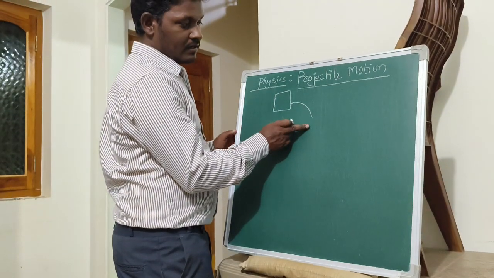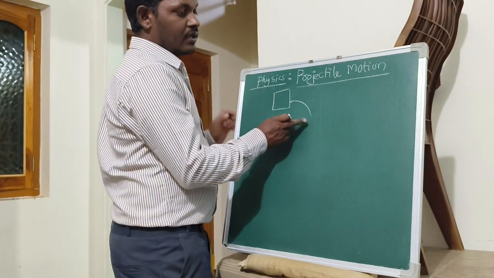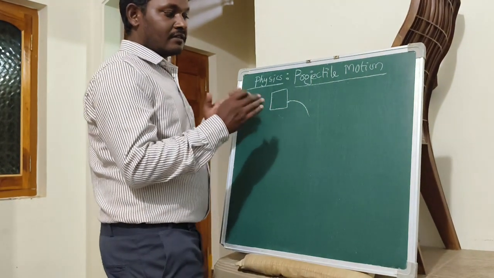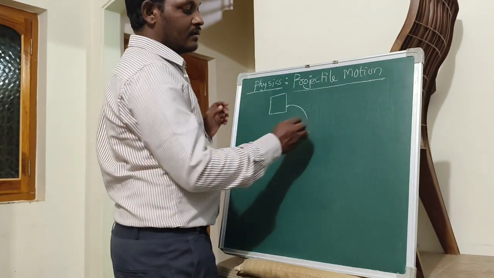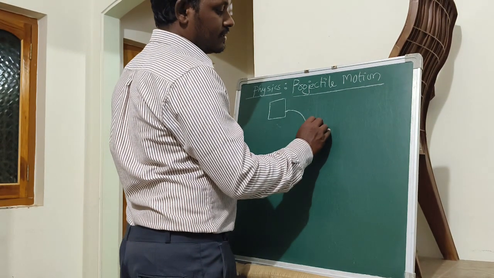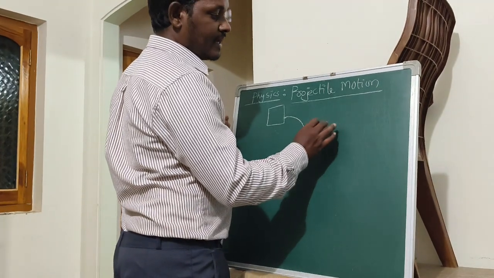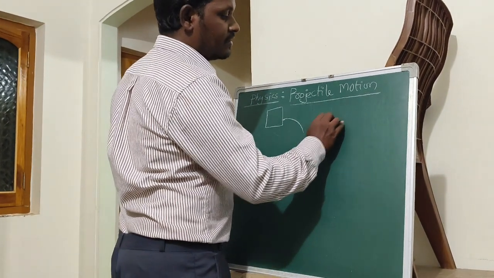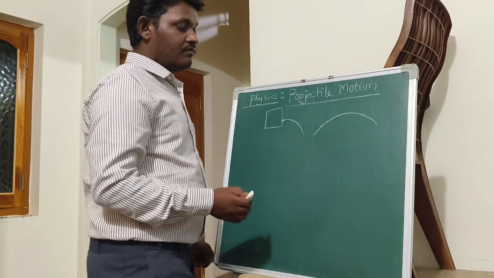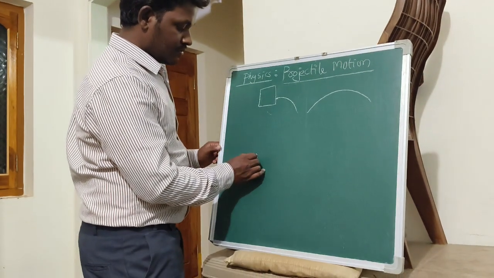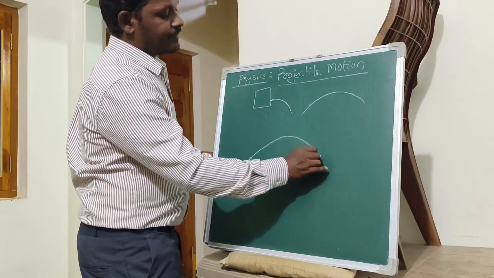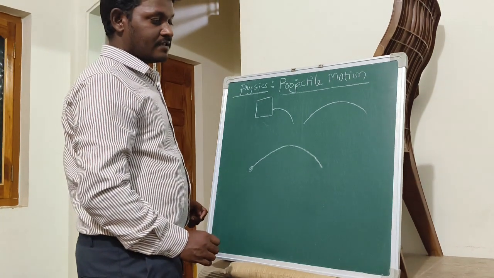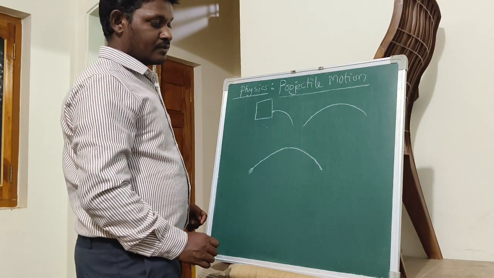This is called projectile motion. If an athlete throws a javelin, the path the javelin travels is called projectile motion. If we throw a stone at some angle, the path the stone travels is projectile motion.